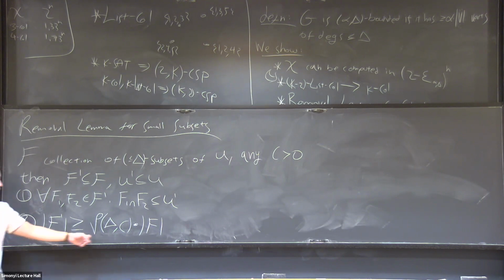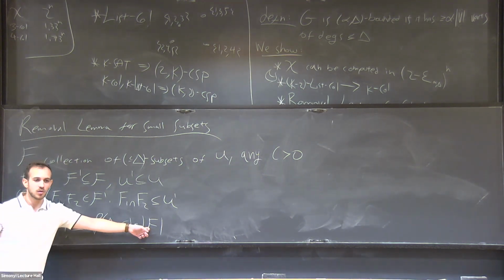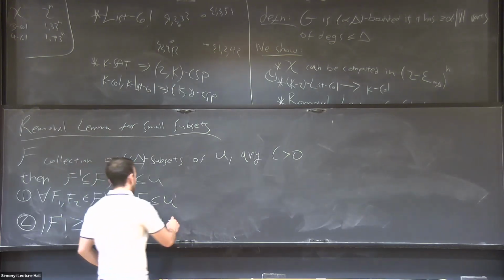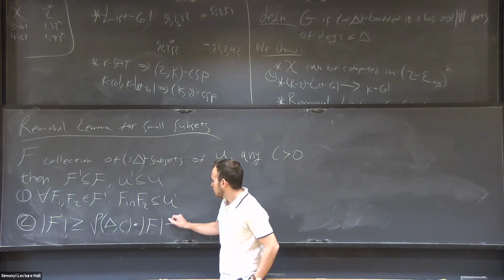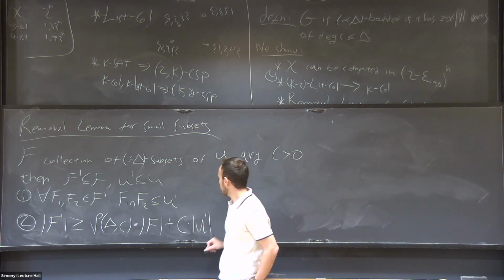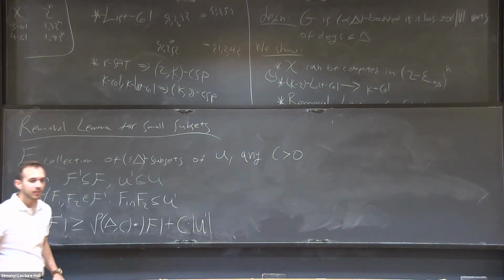So F prime is going to be a constant fraction of the original collection. But we also want it to be large by a factor of our choice relative to U prime.